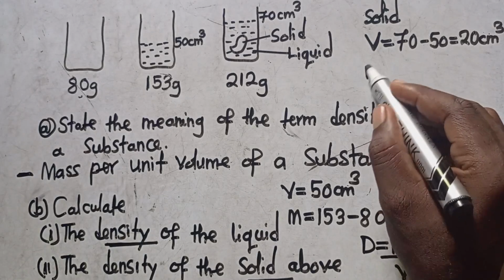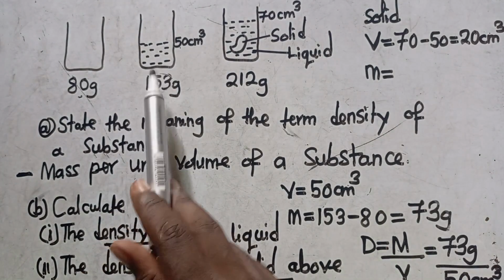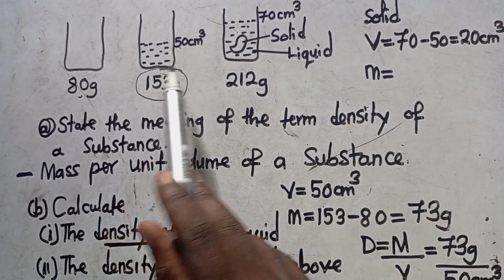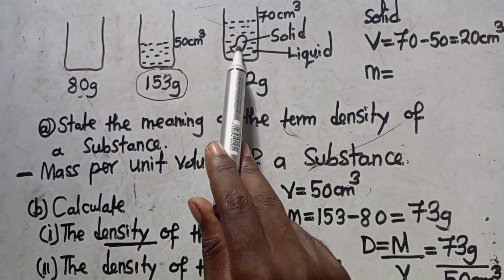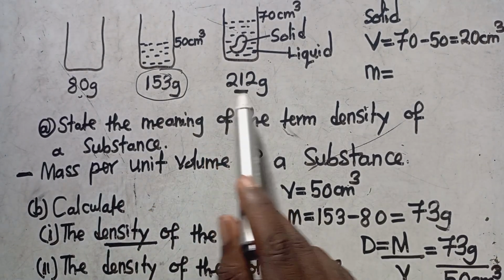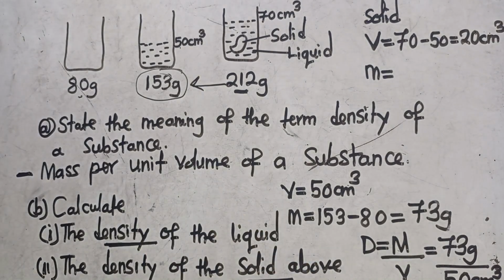I now go to the mass. Which mass am I going to use here? The liquid plus the beaker, the mass is this one. To find the mass of the solid, we say this one minus that one, so that we remove the beaker and the water and we just remain with the solid.